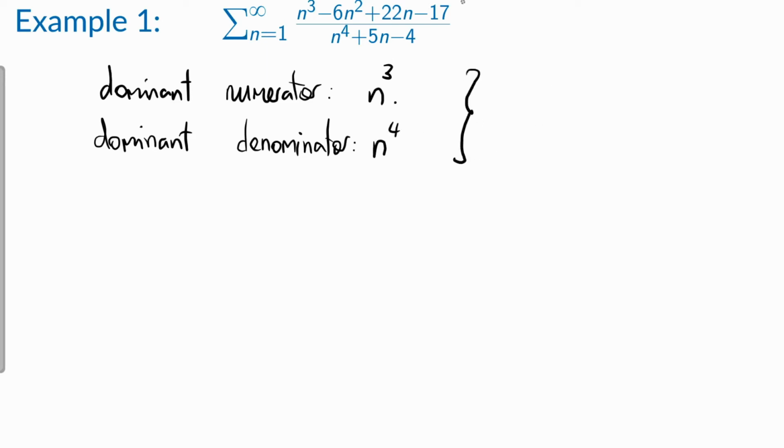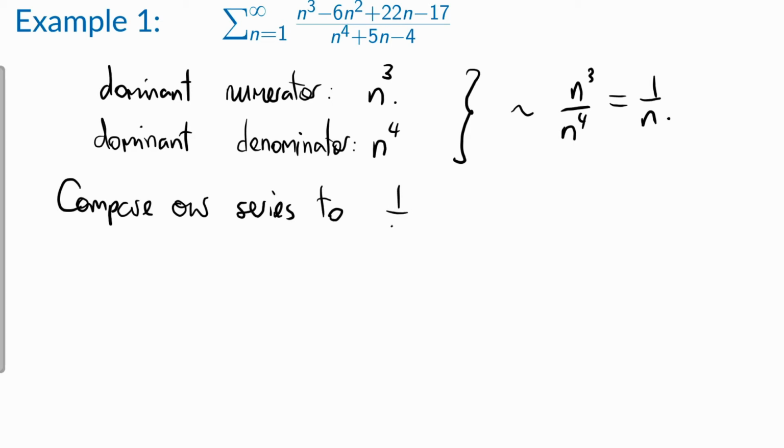So this whole fraction, we expect it to behave like roughly n^3 over n^4, at least for large values of n. And that's just 1 over n. So what we're going to do is compare our series to the series whose term is 1 over n, like the harmonic series. And the harmonic series diverges.